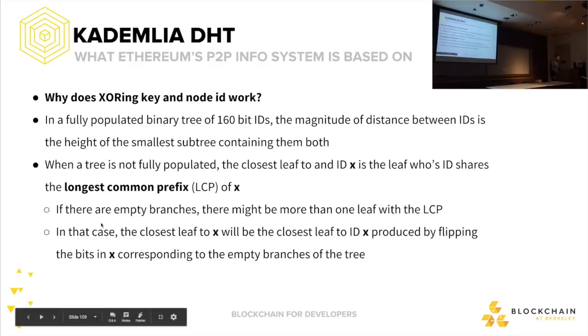There might be more than one leaf with the LCP, and in that case, the closest leaf to X will be produced by flipping the bits corresponding to the empty branches in that tree. So let's say there's an empty branch. The closest leaf, if you needed to converge, might require you to just flip the bit.